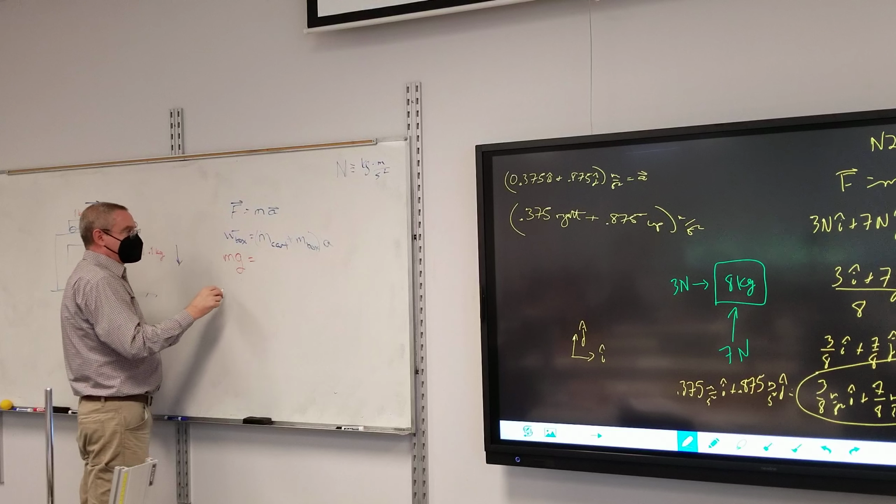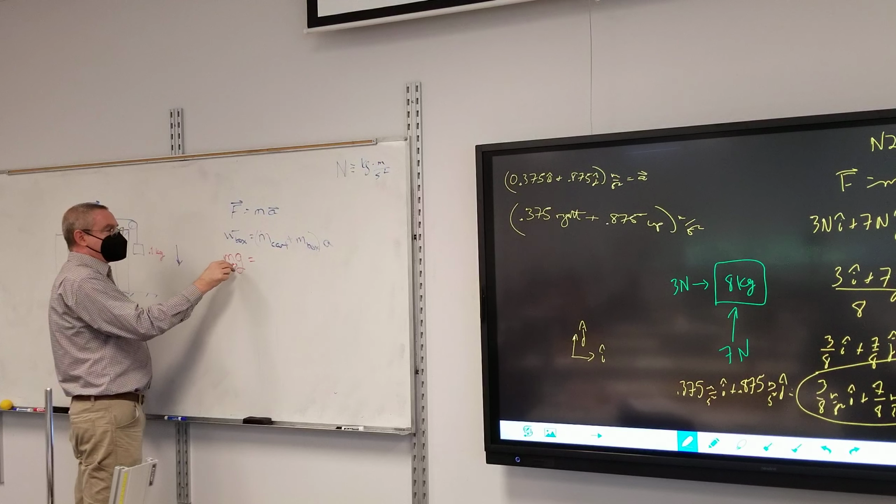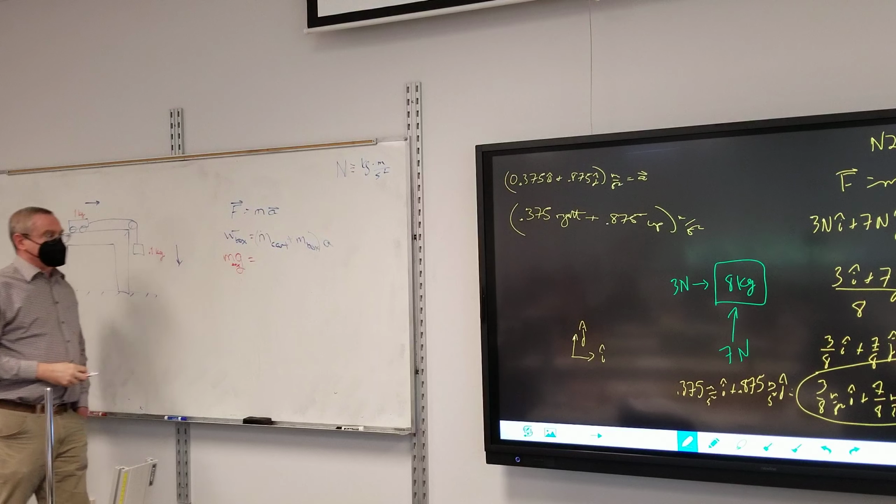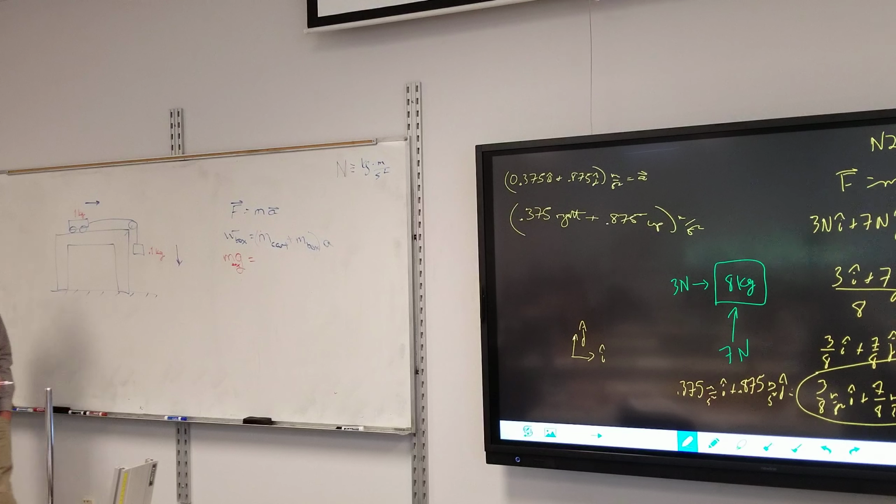is equal to that. So this is the mass of the box, because it's the weight of the box that's driving it. The weight of the cart is not causing this thing to move, because the weight of the cart is acting this way, and I got a normal force countering that.